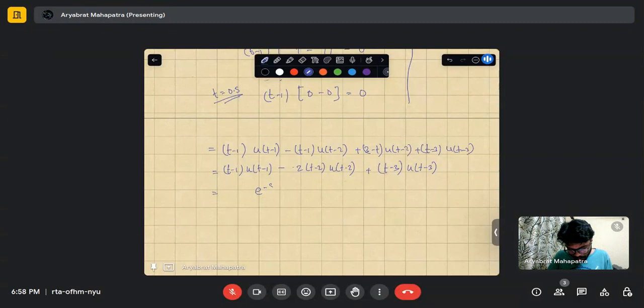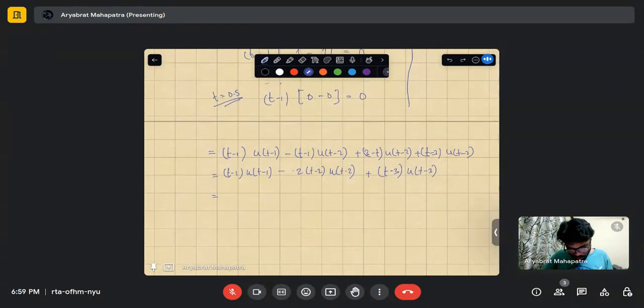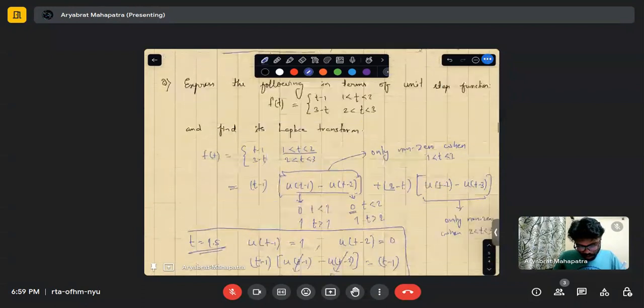So that will give me exponential of minus s, and let me write, u of minus s, Laplace transform of t is, 2 times 2s, Laplace transform of t is 3s, transform of t. So yeah, this is what I can write from this property right here.